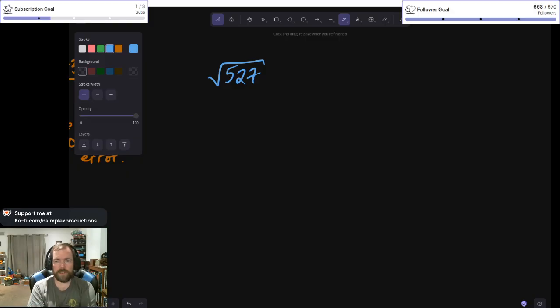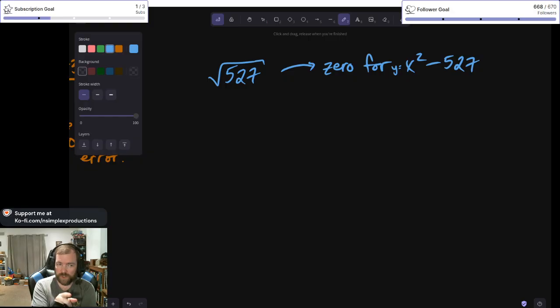So we would say we want the zero for x squared minus 527. What number, when you square it, will get me 527?